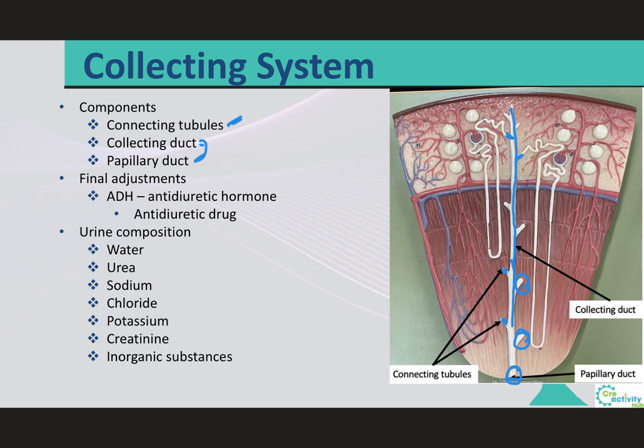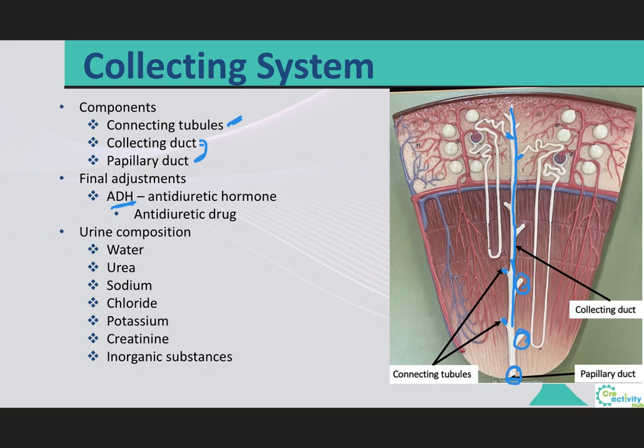Here, the sodium chloride is reabsorbed in addition to the urea. But what about water? Well, levels of water in the collecting duct are going to be regulated by the hormone antidiuretic hormone, which will act to retain water in the body by enabling it to be reabsorbed back into the blood.